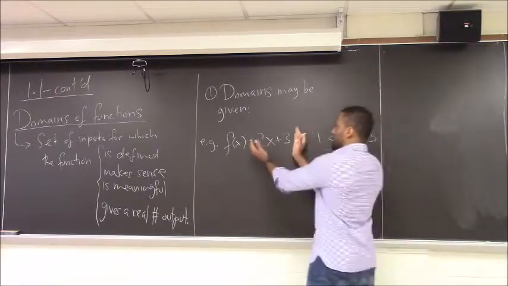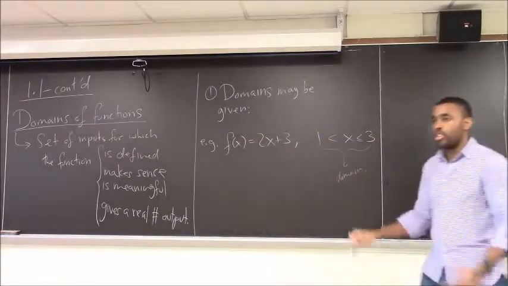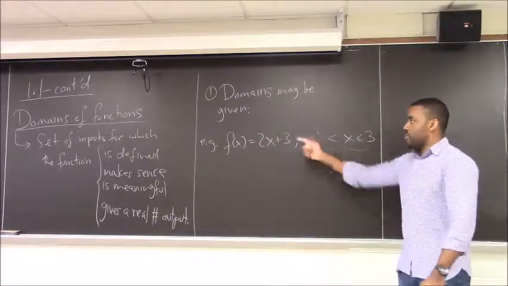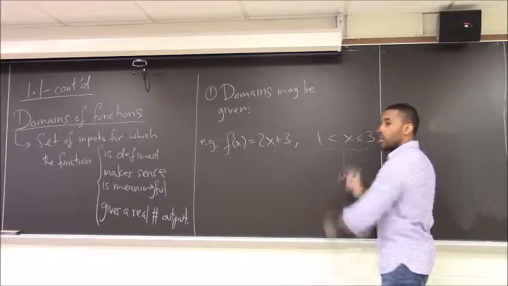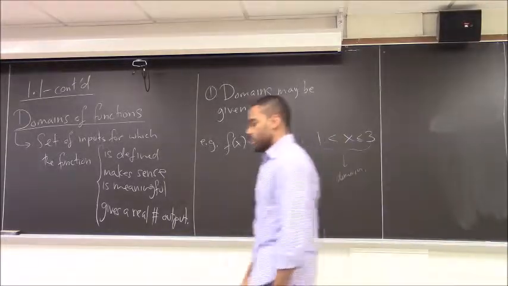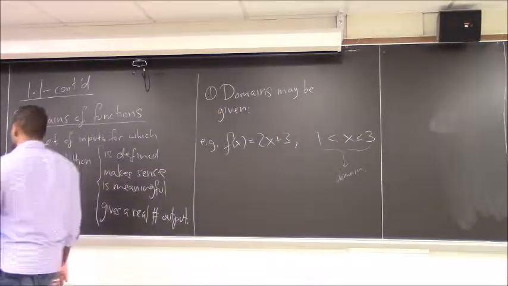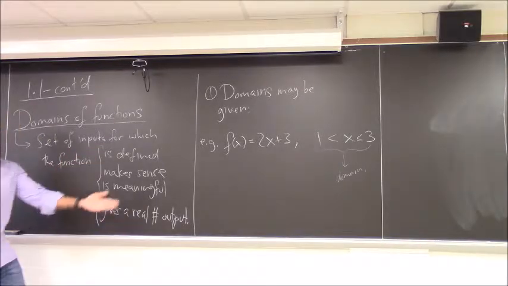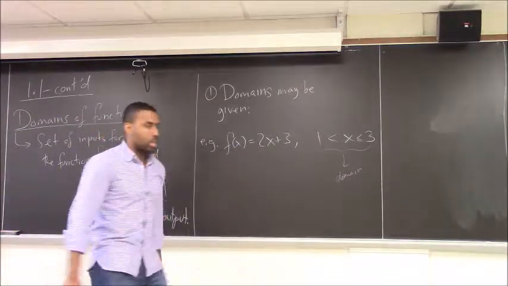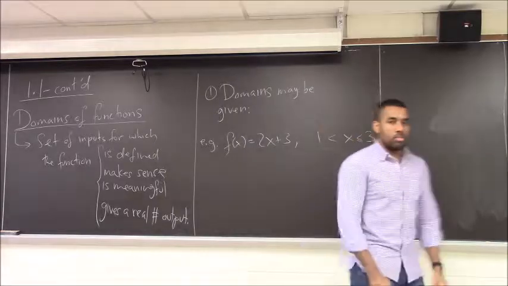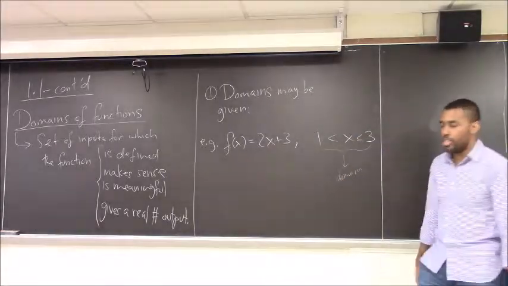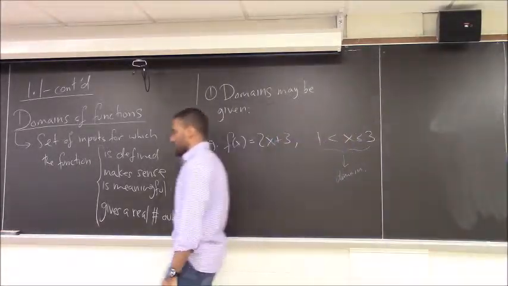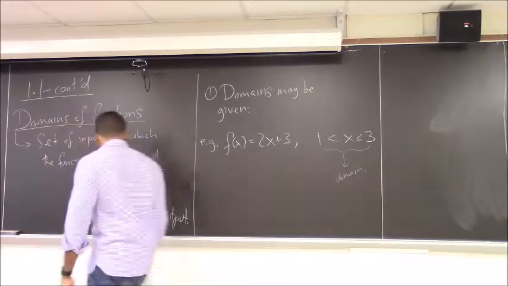While 2x plus 3 on its own can work for other values of x, I define this function to only work for these values of x. I've given you the inputs for which I would define this to make sense. If you're not in this range, then this function is not the definition that you should be taking. It won't make sense to use it. So a domain might be given to you.